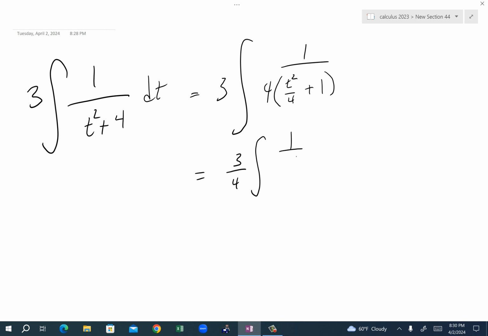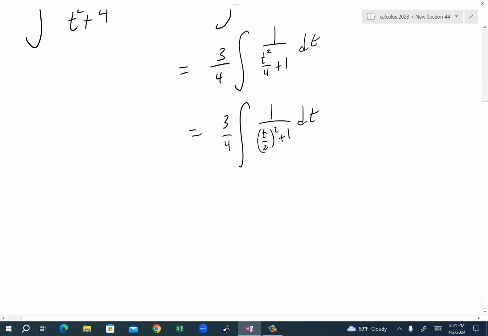Now t squared over 4, could I rewrite that as something squared? Of course I can. So that's 1 over (t over 2) squared plus 1 dt. That, my friends, is arctangent. We can do this problem.